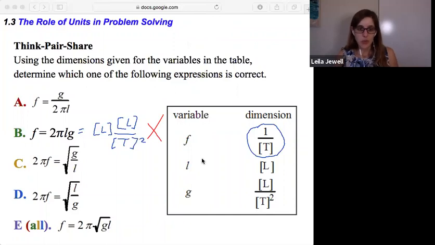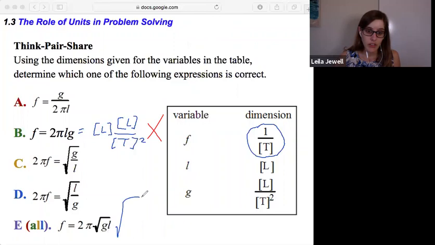But based on how this one went wrong, we might have some other ideas, right? First off, if we go to E, this is multiplication again, but now it's with a square root. So we'd have L squared divided by T squared, but then it'd be the square root of that. Keeping the brackets.